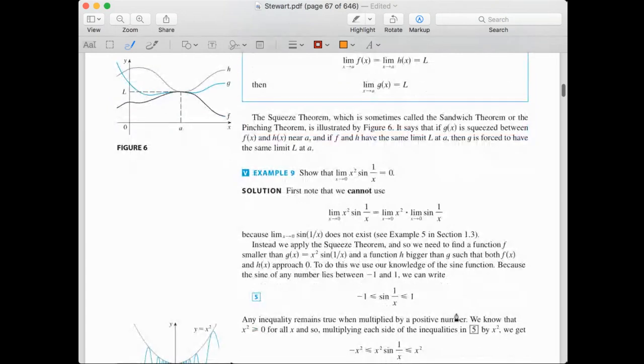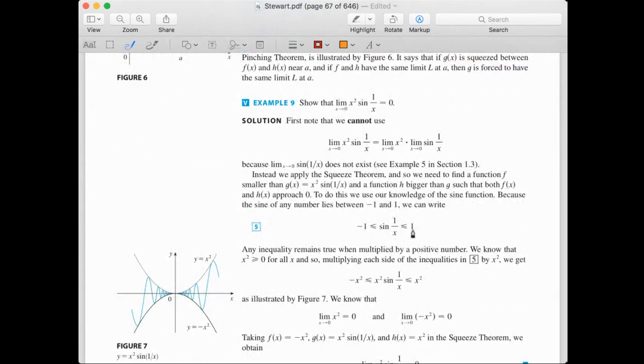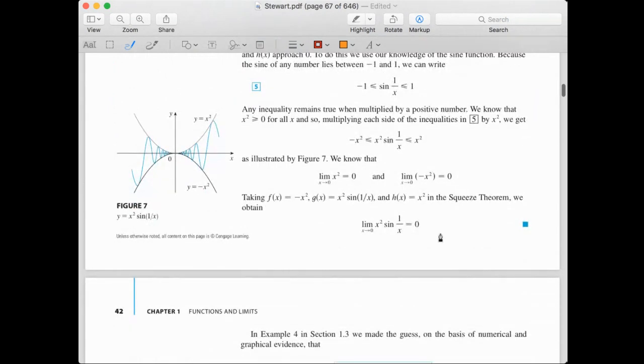We use the squeeze theorem. The squeeze theorem is saying, we know the sine value is bounded by negative 1 and 1. Then we multiply x squared in every spot. So x squared sine of 1 over x is bounded by negative x squared and x squared.